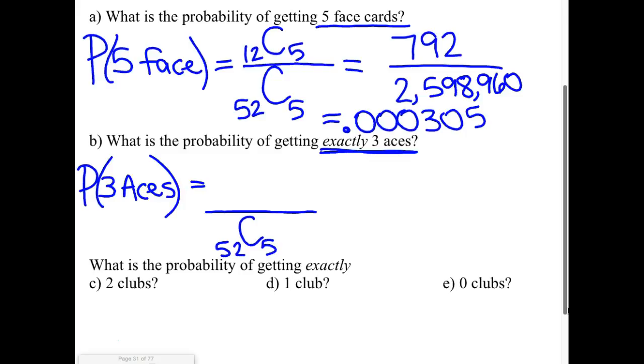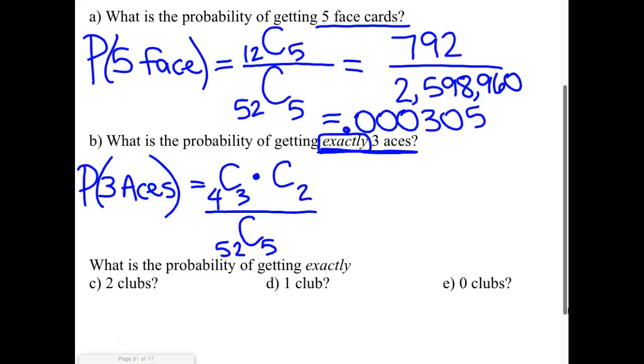Okay. Well, let's go back to this. Exactly 3 aces. So in a deck, I know there are 4 aces, but I'm only selecting 3 of them. Okay. Now I know I still need 2 more cards because I have a hand of 5. Reminder this really important word. It says exactly 3 aces.